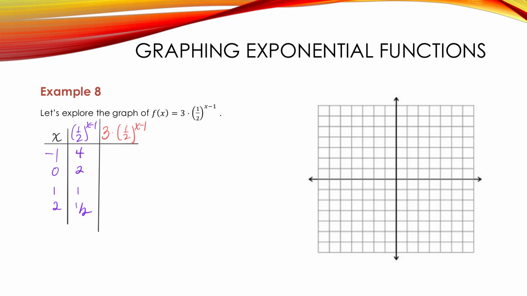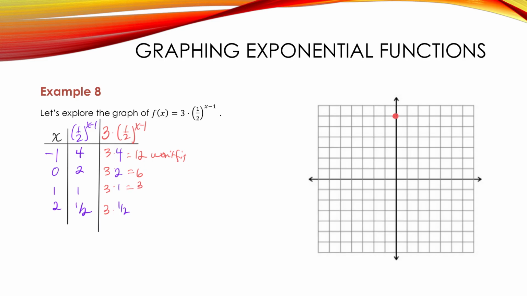And where things get different now is we're going to multiply each of those values by 3. So maybe not all of them will end up on the graph, but we can try. And let's see what we get. 12, yeah, won't fit. Okay, it won't fit on the graph, so we won't have that one. But 3 times 2 is 6, we can fit that one on. So 0, we have 6.